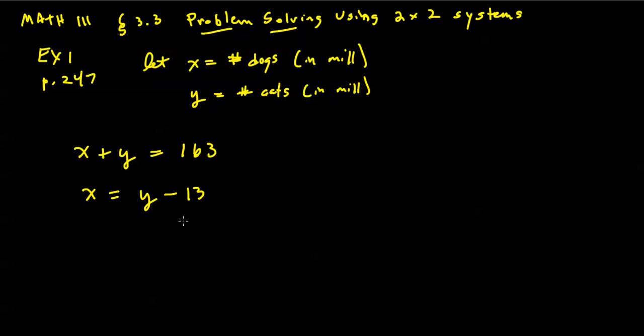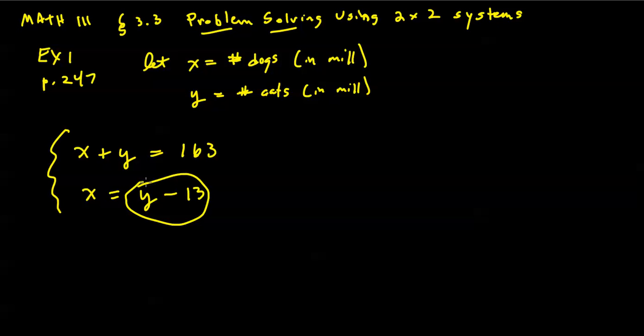So I can then say x equals y minus 13. Number of dogs equals 13 million less than the number of cats. Alright, so that gives me two equations with two unknowns, and I think this system cries out to be solved with the substitution method since x is already solved for.